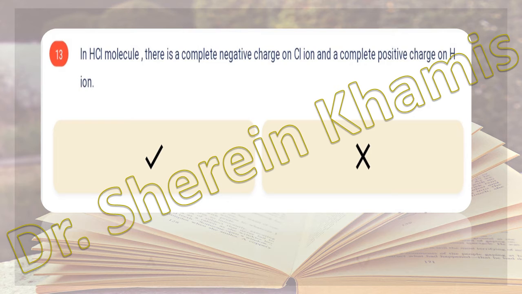We can't put a positive or negative ion, but we put a partial positive and a partial negative on them, so it is a wrong sentence here. We put a partial sign, like sigma, partial positive on hydrogen and partial negative on the chlorine. We have a partial charge, not a complete one, as we have a sharing of electrons between them.